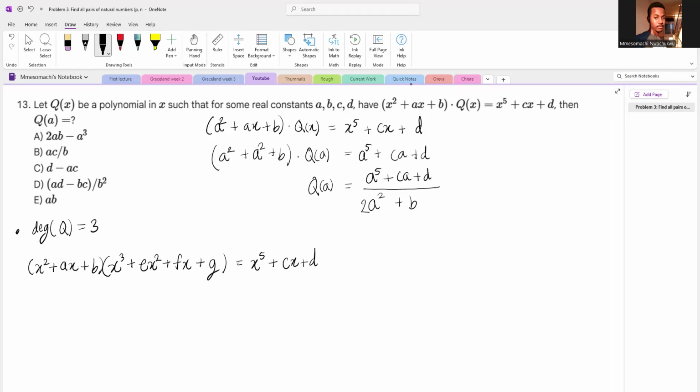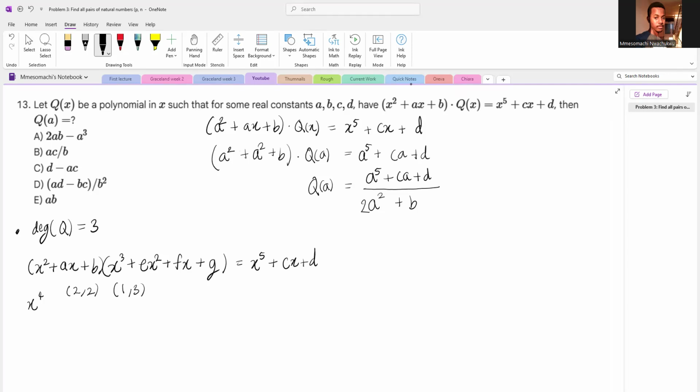Okay, so let's do some analysis. Let's look for the coefficient of x to the power of 4. From the first bracket, we can take the second power of x and multiply it by the first power of x in the second bracket, or we can take from the first bracket x to the power of 1 and multiply it by x to the power of 3 in the second bracket.